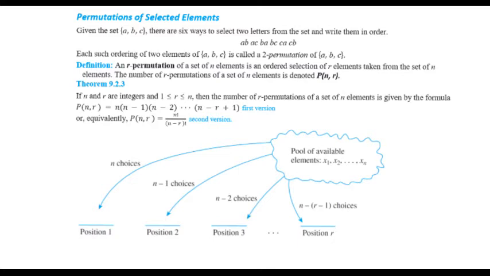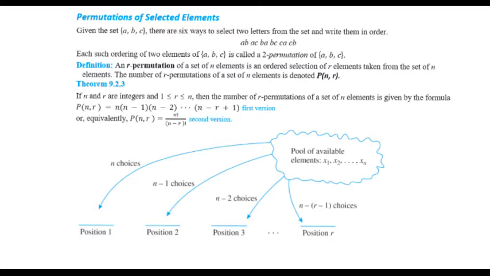For example, we can write A, then B. We can remove C because we only need 2 letters. Then we can write AC, BA, BC, CA, and CB. There is no other way of writing 2 letters out of these 3 letters, A, B, and C, in order.